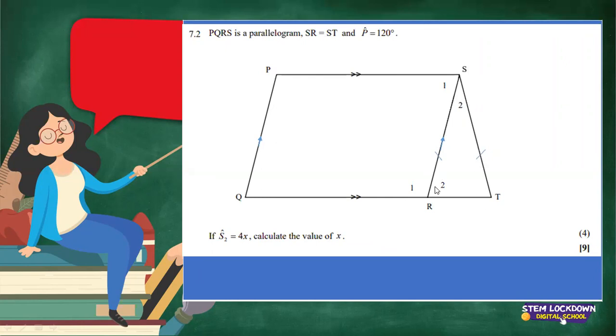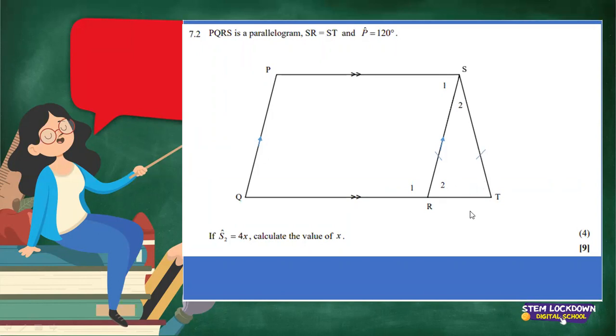That means this is an isosceles triangle, whereby angle R2 equals angle T. The base angles are equal. Angles opposite equal sides are equal. So angle R2 equals angle T.